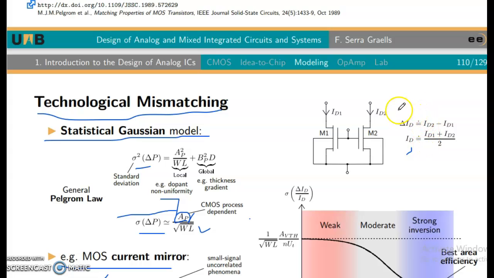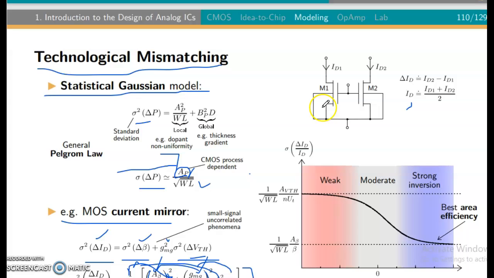Here delta I_D equals I_D2 minus I_D1, and I_D equals (I_D1 plus I_D2) divided by 2. That means after adding I_D1 and I_D2 and dividing by 2, we get the 50% value, which is I_D.